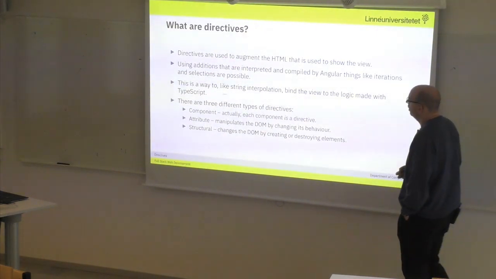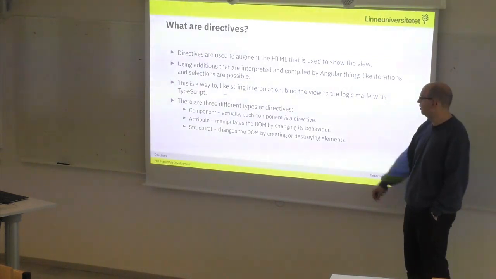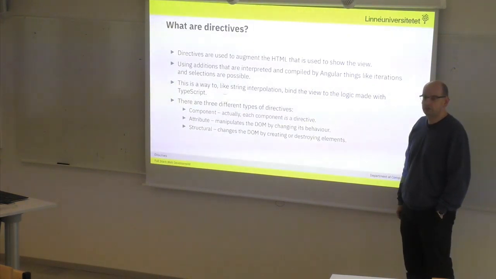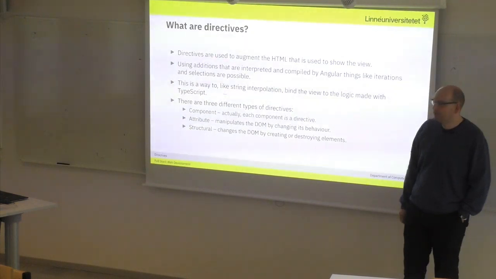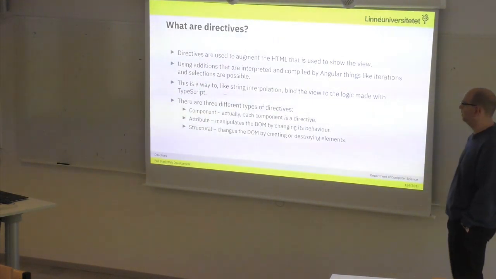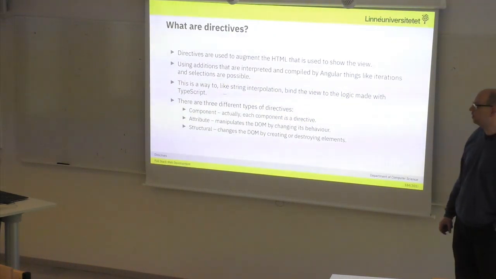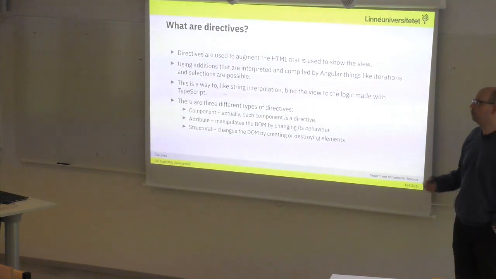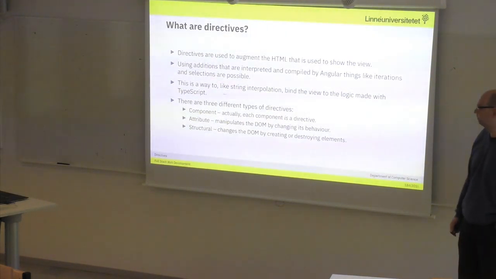There are three types of directives, and we can create our own if we like, of either component, attribute, or structural kind. We will mostly look at the structural ones, which will give us these iterations and selections, for example. But there are many more, and each component is actually seen as a directive in itself.